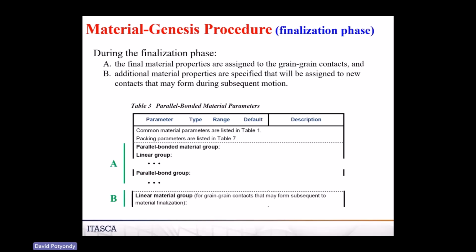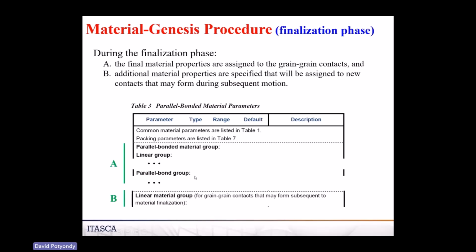So this is an excerpt from the memo. These then are the parallel bonded material parameters. There are those common parameters, and then packing parameters, and then there are the actual parallel bond parameters. The parallel bond parameters are going to be broken into the linear group and the parallel bond group.